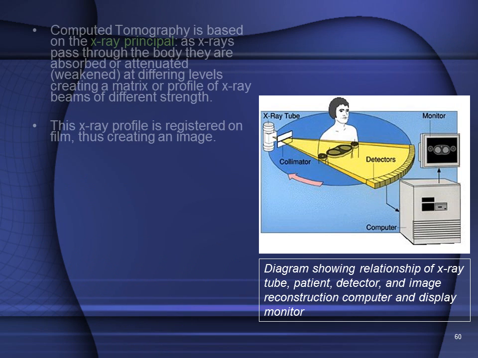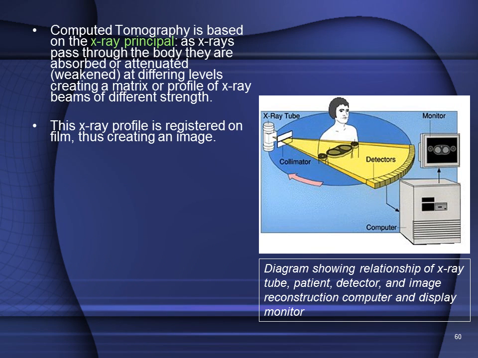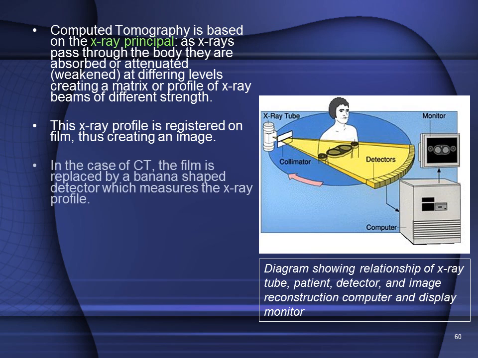CT scan is based on the X-ray principle that as X-rays pass through the body, they are attenuated at different levels, creating a matrix or profile of X-ray beams of different strength. The X-ray profile is registered on film, thus creating an image. In the case of CT, the film is replaced by a series of banana-shaped detectors, and there is one emitter.